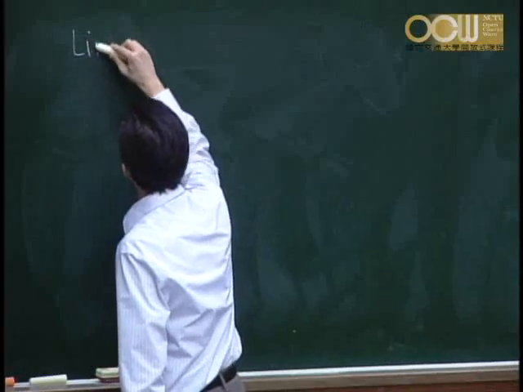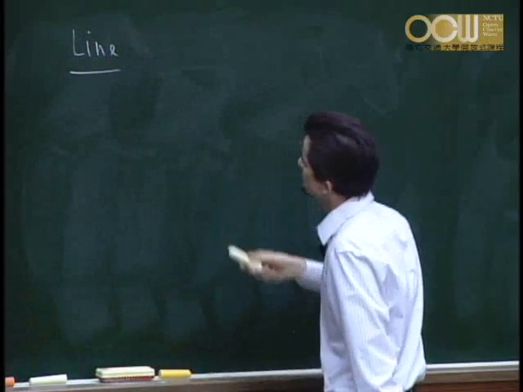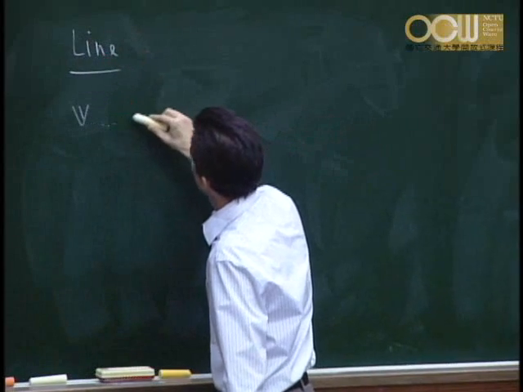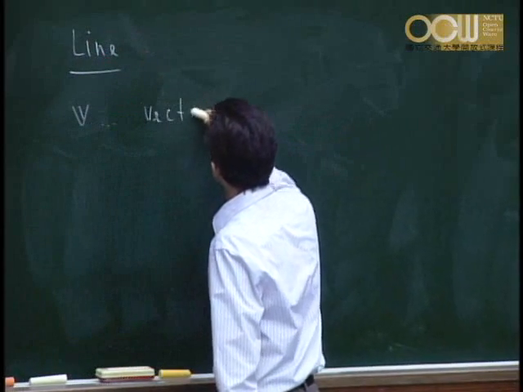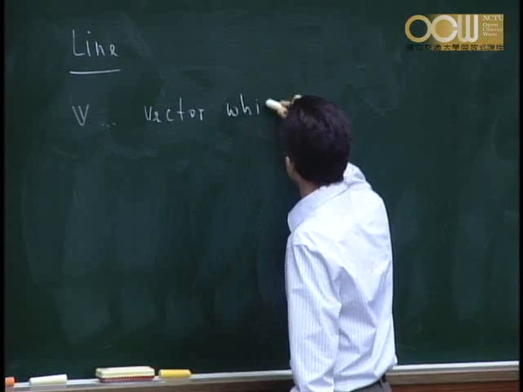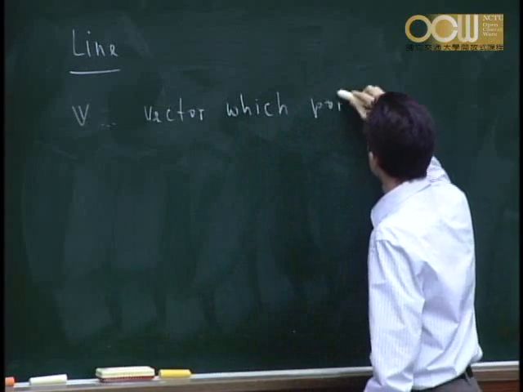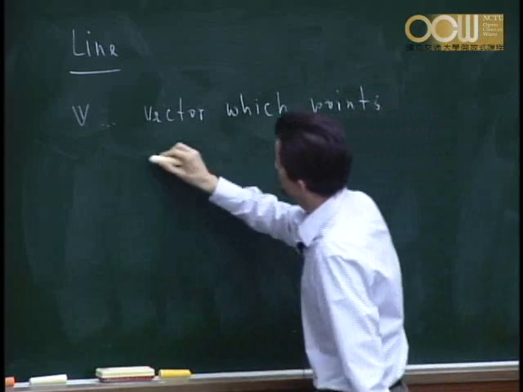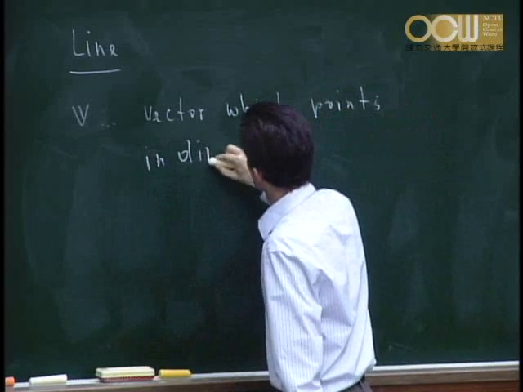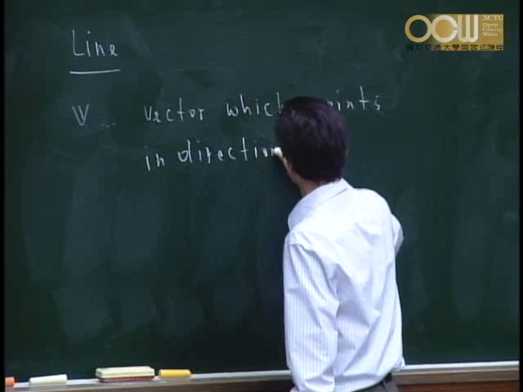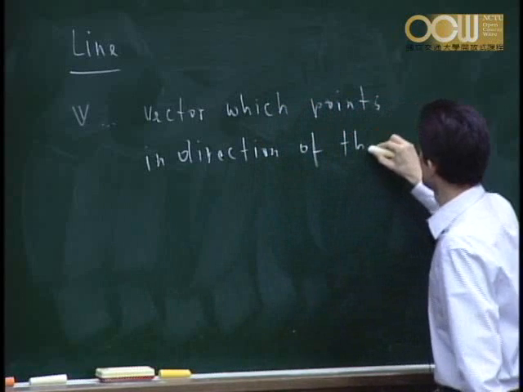In case of a line, normally what you have is a vector v which points in the direction of the line.